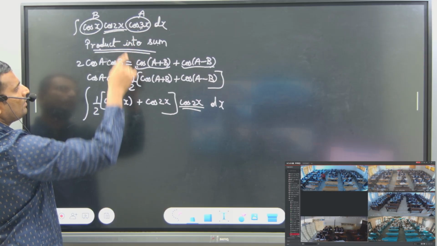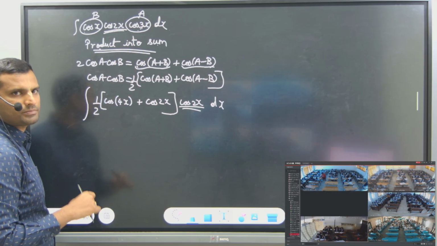These two I am combining using this formula.